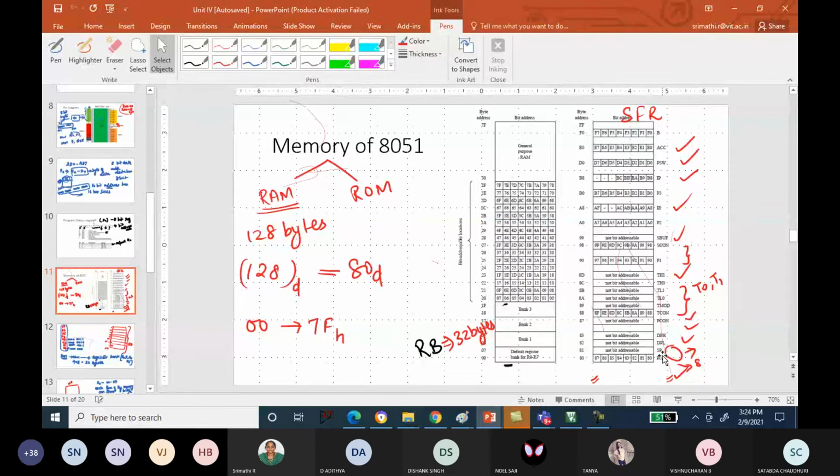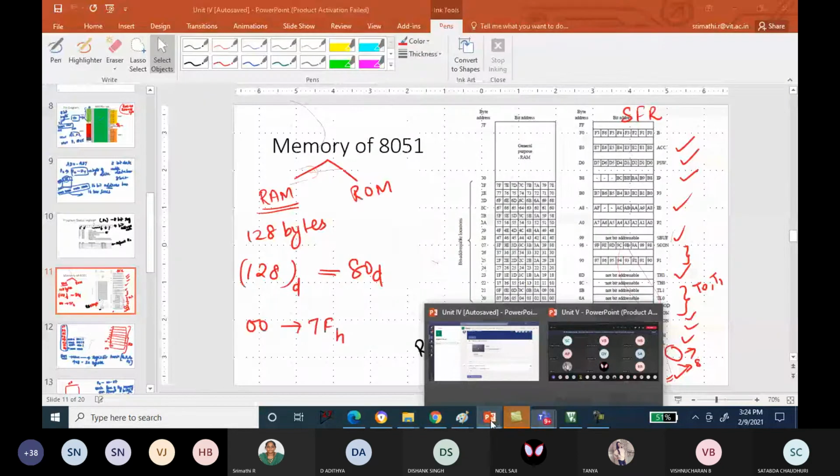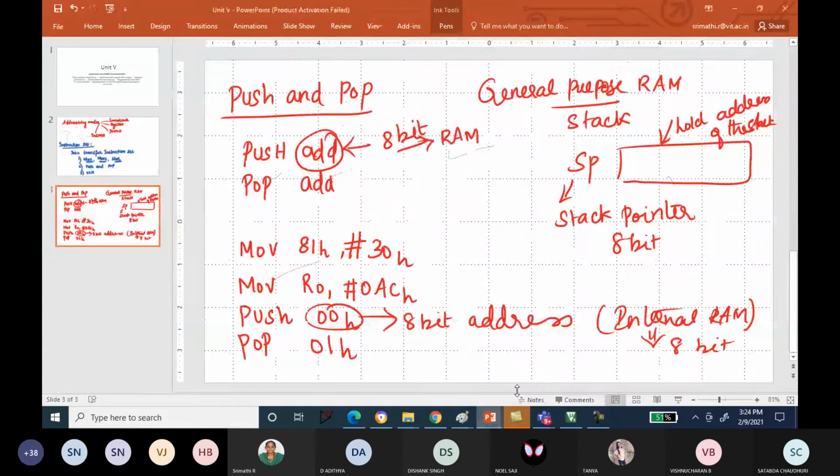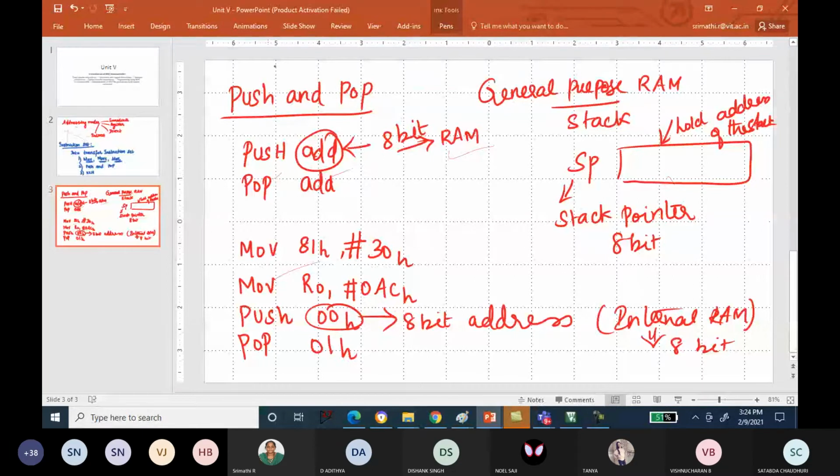So what is this first line? If I'm writing MOV 81H, #30H, what does this 81H represent?